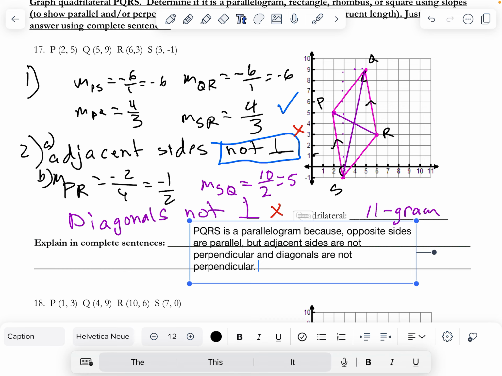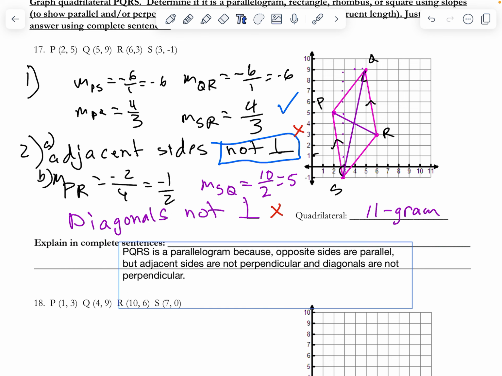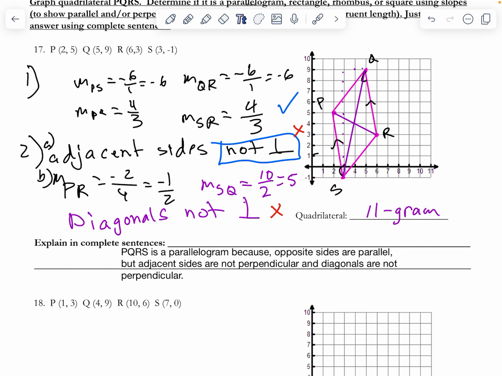Also, you could have said because opposite sides are parallel, adjacent sides are not perpendicular, diagonals are not perpendicular, TQRS is a parallelogram, right? So you could write it either way. It doesn't have to be exactly like this either, right? As long as you're pretty much clear with your explanation here and tell me the three reasons, then you should be pretty much set.